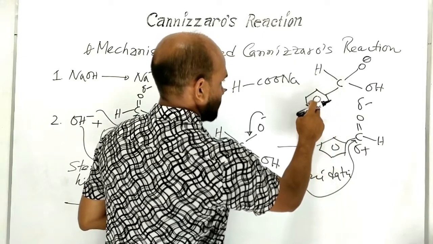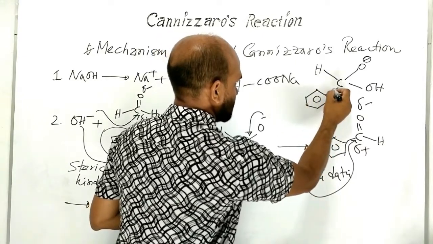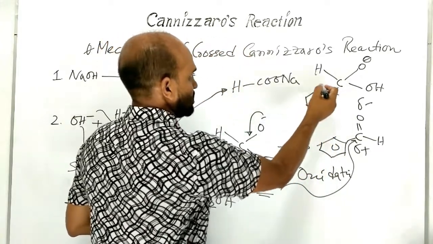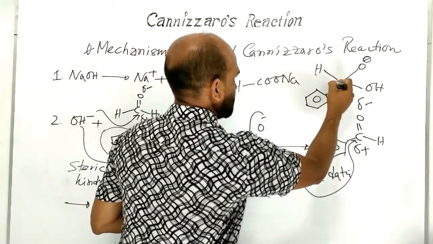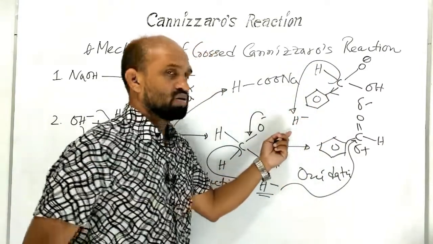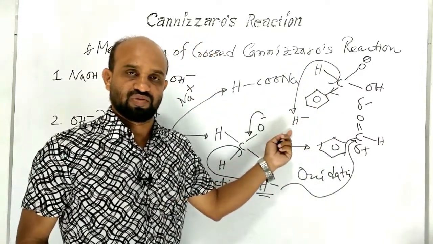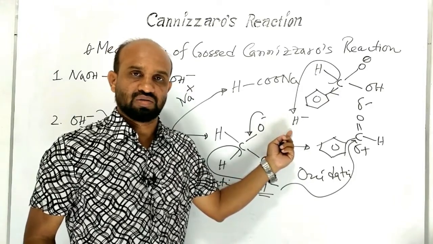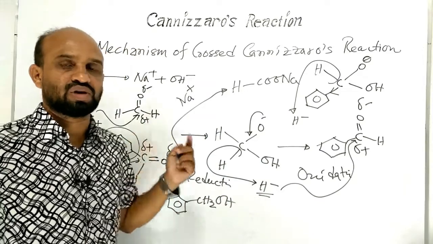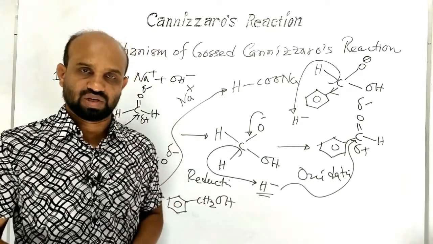Here phenyl group is a kind of electron withdrawing group. That is why from this ion, releasing of hydride ion would be very tough. So this is another reason hydroxide ion attacks the formaldehyde and formaldehyde turns into formic acid.